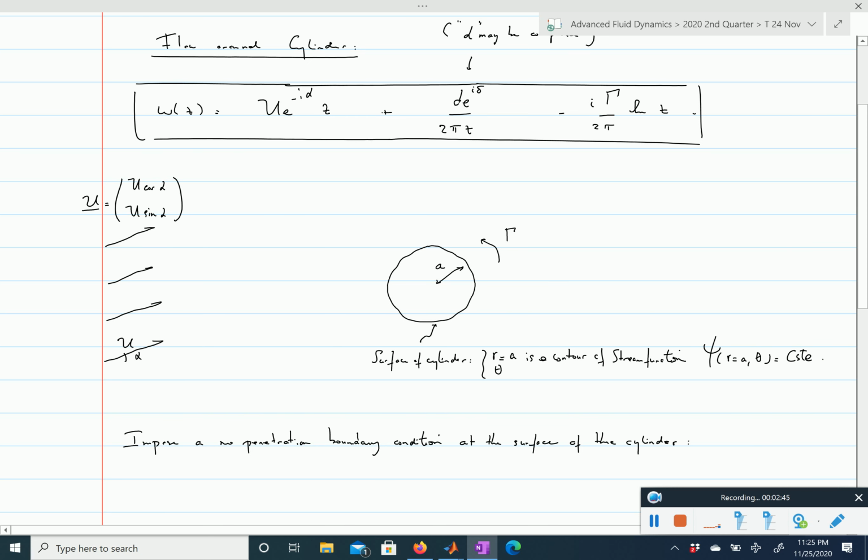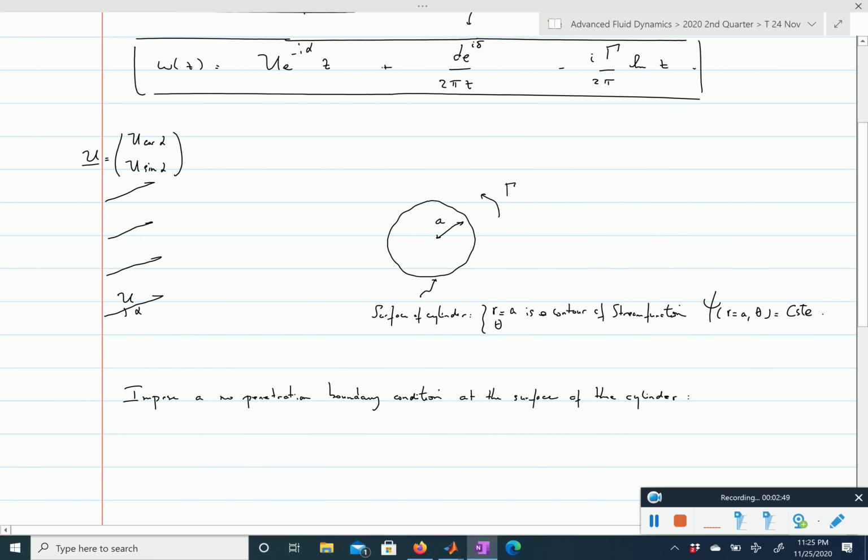From the complex potential, we know that the stream function is the imaginary part of the complex potential. So we just have to take the imaginary part of our complex potential. Let me write our complex variable z in terms of modulus and argument. The modulus is going to be r and the argument is going to be theta.